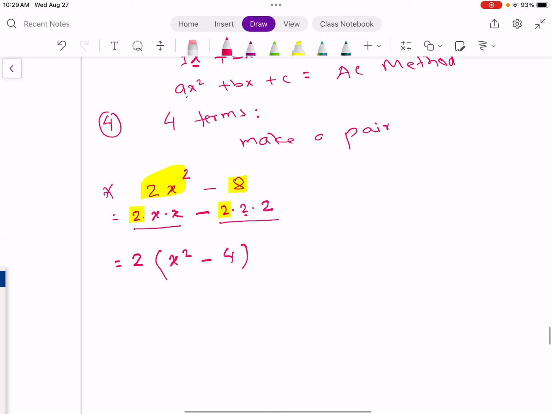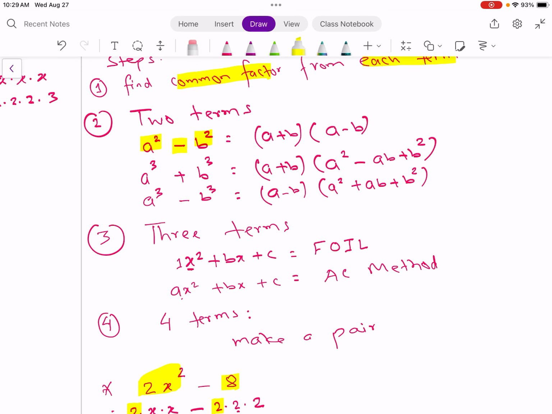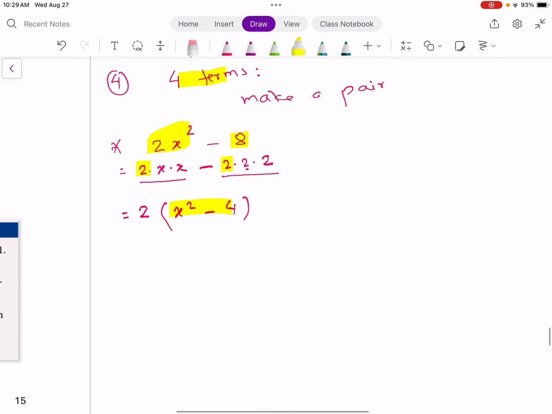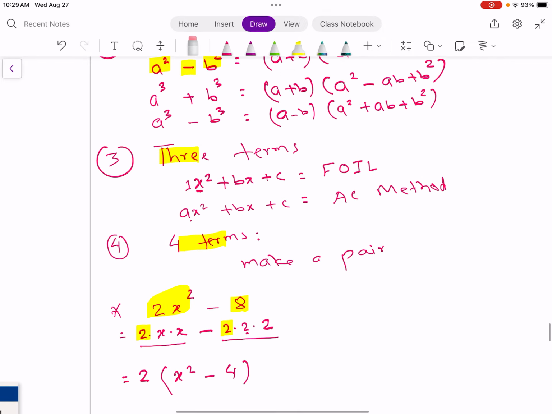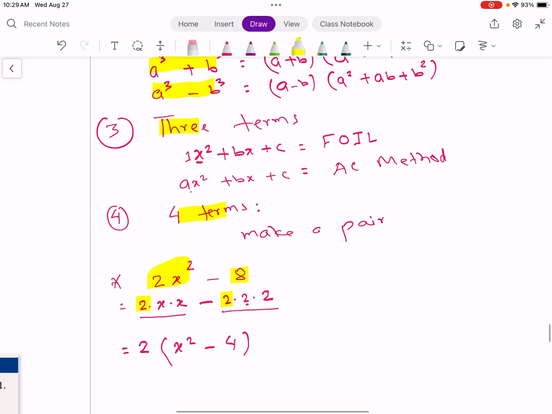Now, once you have the common factor, do we have 2 terms, 3 terms or 4 terms here in our case? 2 terms, right? Now, if we have 2 terms, we have 3 different cases. Is your 2 terms a difference of square term, or sum of cube terms, or difference of cube terms?